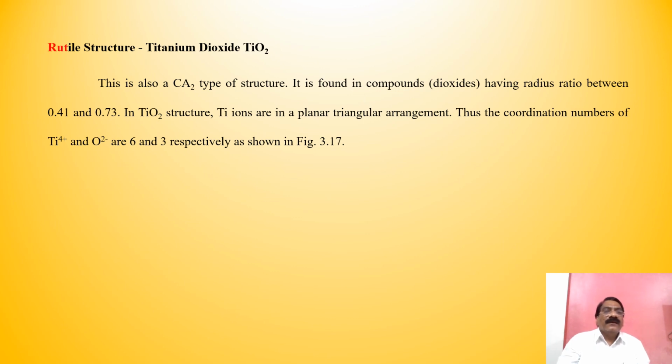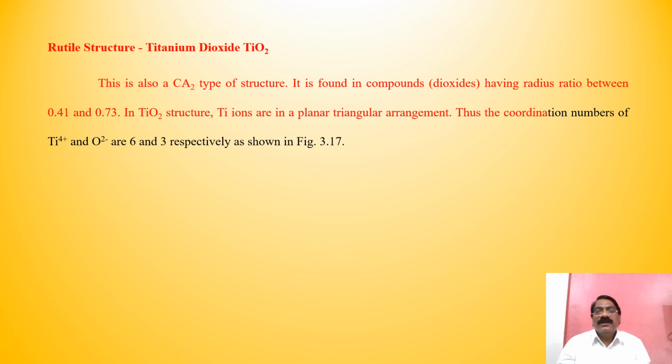Next we are going to see the Rutile structure. Again it is a type of AB2 type structure. This AB2 type structure is found in the compounds having radius ratio between 0.41 to 0.73. In TiO2 Rutile structure, titanium ions are in a planar triangular arrangement.